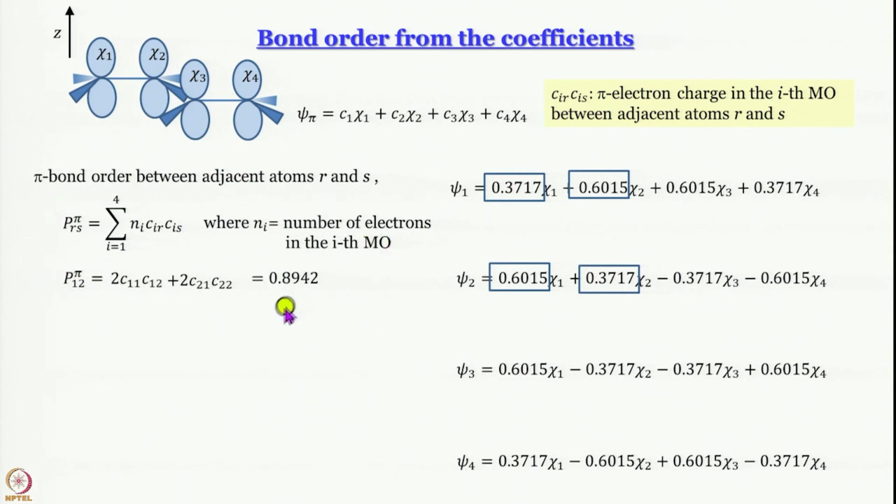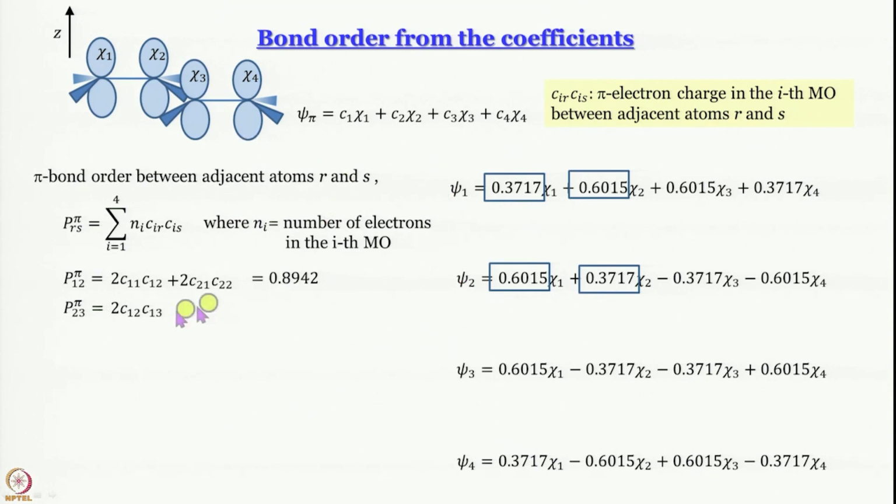P12 pi turns out to be 0.8942. Okay. Similarly, let us find out what P23 pi is. P23 pi would be C12 C13. We want to find the bond order between atom 2 and atom 3, but let us not forget that only Psi1 and Psi2 are populated.